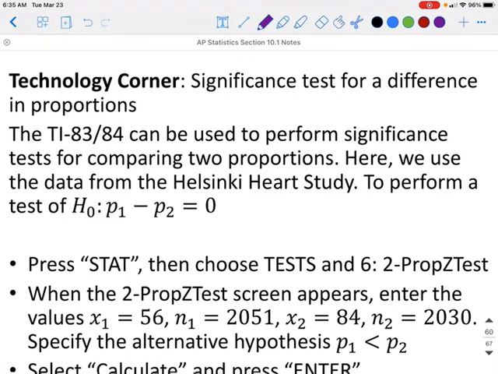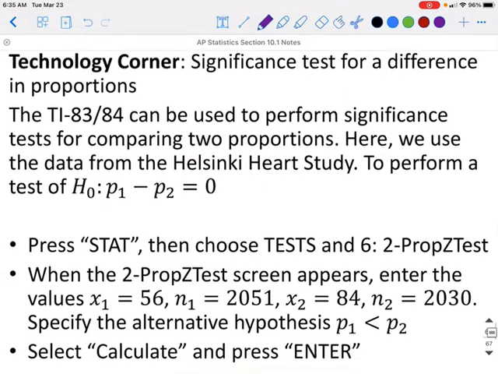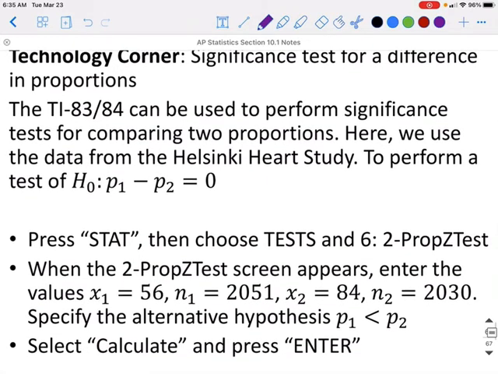Now, you can do some of this on your calculator. The TI-83 or 84 could be used to perform significance tests for comparing two proportions. Here we use the data from the Helsinki Heart Study to perform a test of the null hypothesis p1 minus p2 equals 0. To do this, you would press stat, go over and choose test, and select option 6, which is a 2-proportion z test. When the 2-proportion z test screen appears, you're going to enter the data.